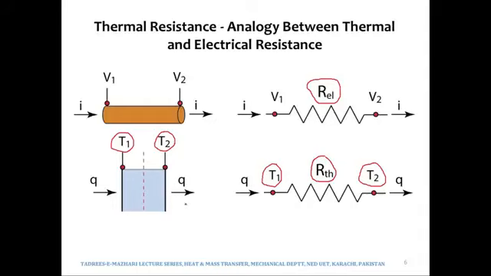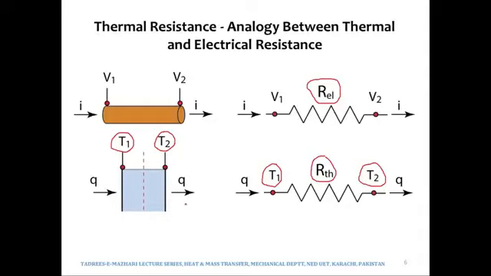So if this wall is conductive, it will offer less resistance and vice versa. For example, if this wall is made of steel, then it will offer relatively less resistance as compared to a wall of brick, because brick has got very low thermal conductivity. It is not conductive in nature.